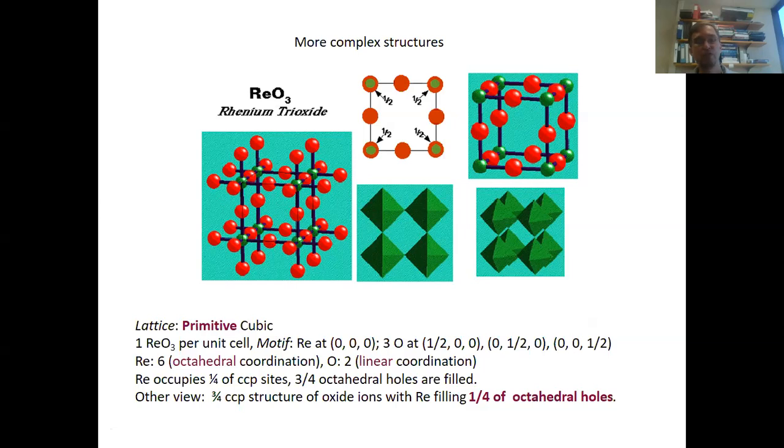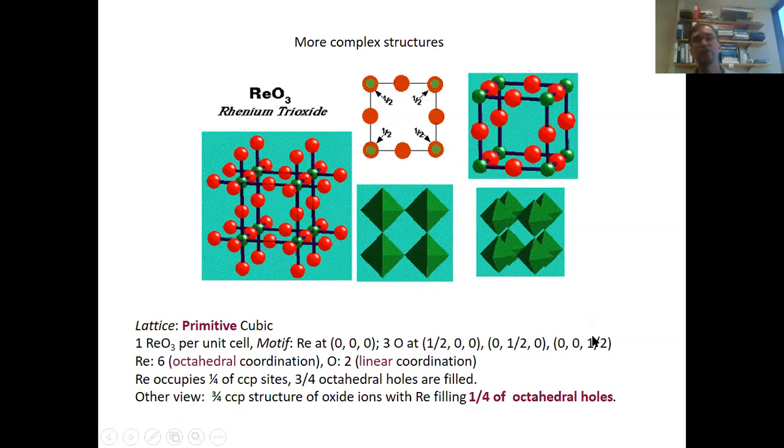Therefore, one of the 4 octahedral holes is not occupied. So overall, we have 3/4 of the octahedral holes being filled. Overall, we have 1 rhenium trioxide per unit cell, the rhenium at 0, 0, 0, and 3 oxygens at 1/2, 0, 0, 0, 1/2, 0, and 0, 0, 1/2. These fractional coordinates just represent the edge centers.